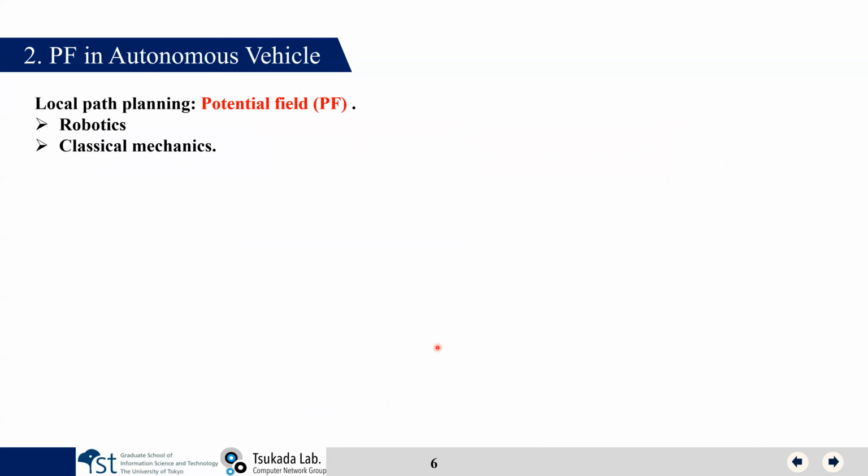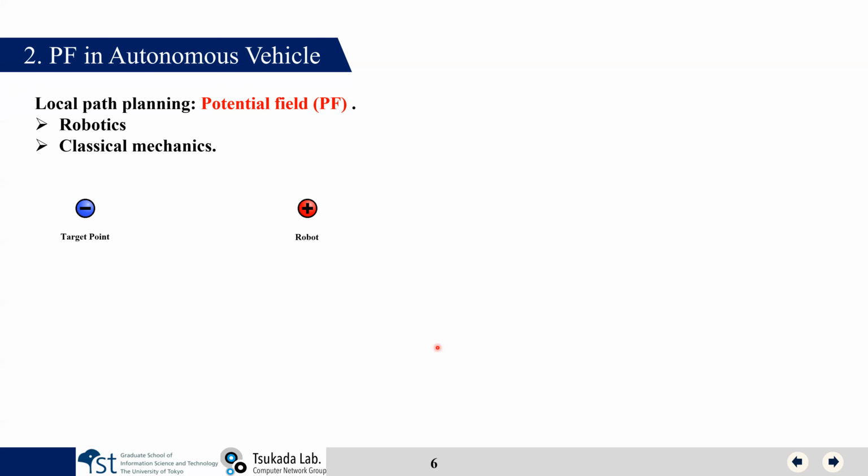In this slide, I would like to introduce what potential field is. This method is a famous local path planning method used in robotics, and it is inspired by classical mechanics. Imagine an electric field with two components, which we name the target point and the robot. We put the negative component at the target point and a positive component around the robot.